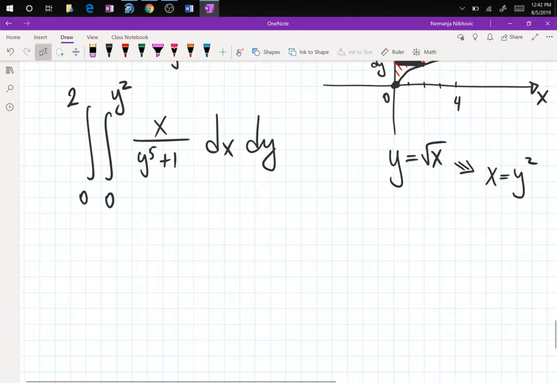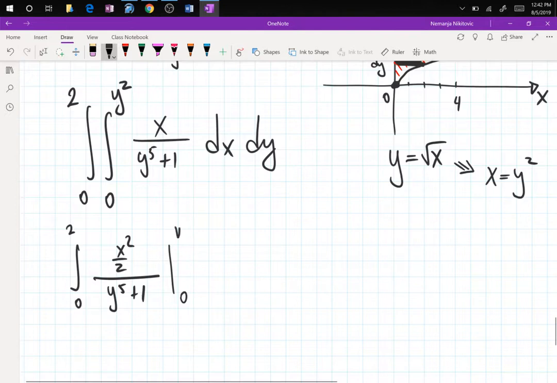Well, isn't that a joke? I'm just integrating x. That's x squared over 2. The whole denominator is a constant because it only contains y's. So the inner integral is simply going to be x squared over 2, everything divided by y to the 5 plus 1, computed from 0 to y squared, and I still have dy to deal with.